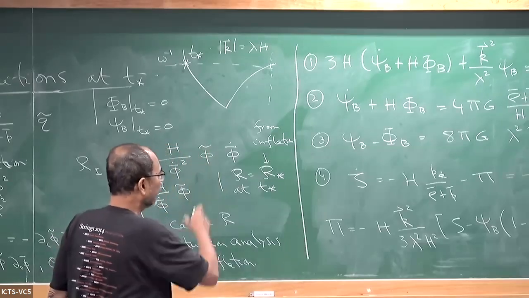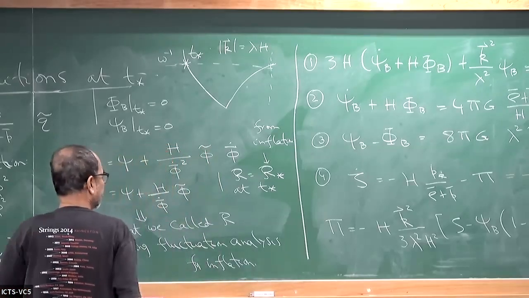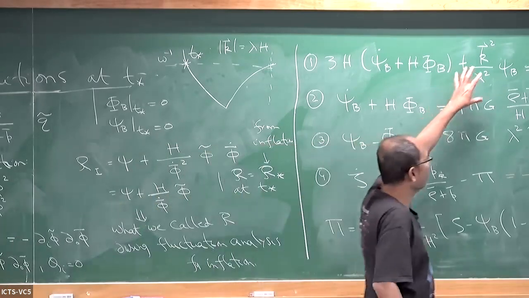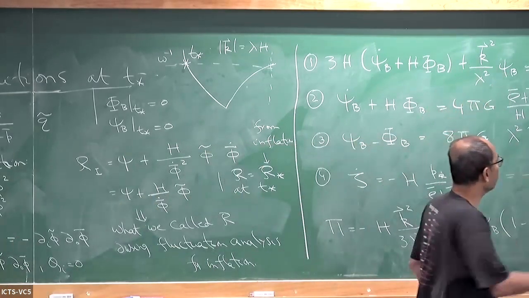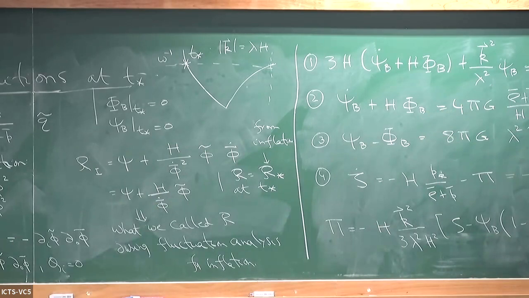Okay, so once you eliminate that, then what happens? And this term we are ignoring, right? So that basically means that this should be equal to 3h times this. This one should be equal to 3h times this. That's what this is saying.